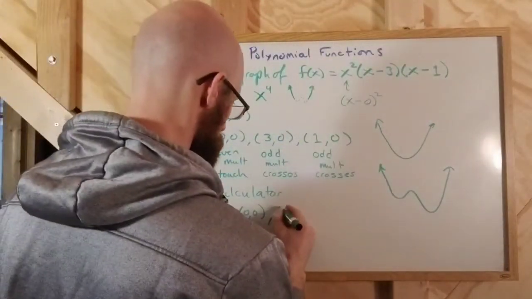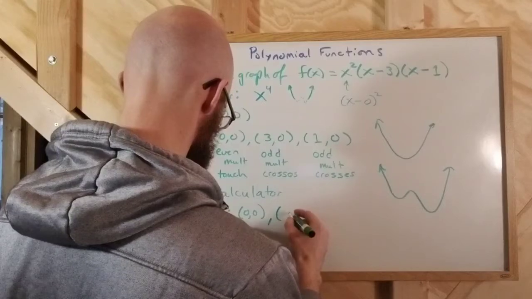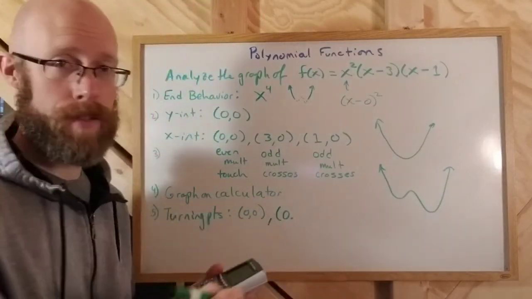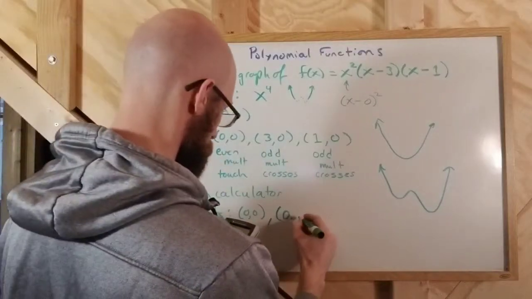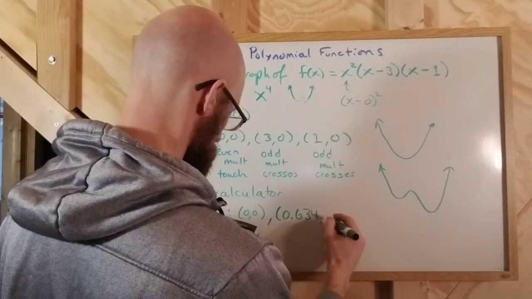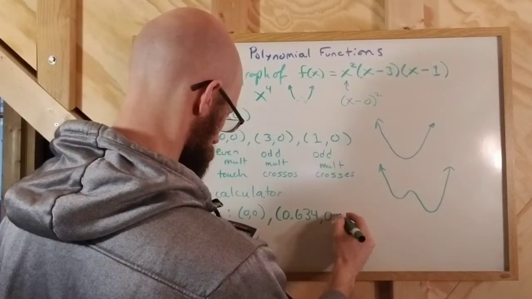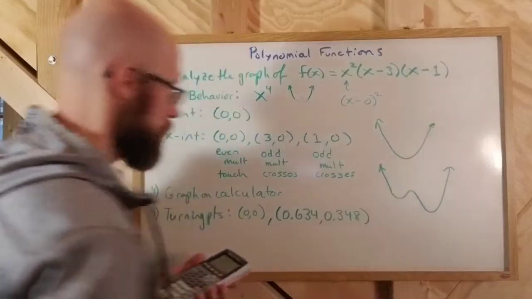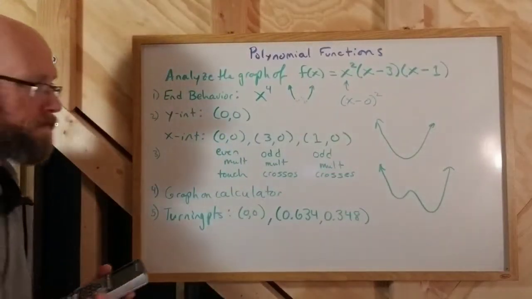So one of them is going to be at, I'm going to round these off to maybe 3 places after the decimal, 0.634, comma 0.348. Okay, so that's one of them.